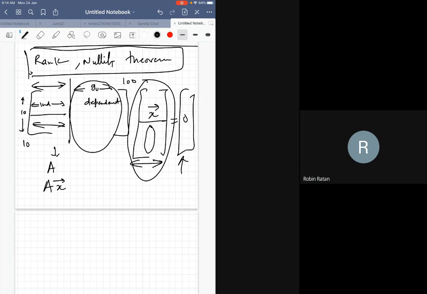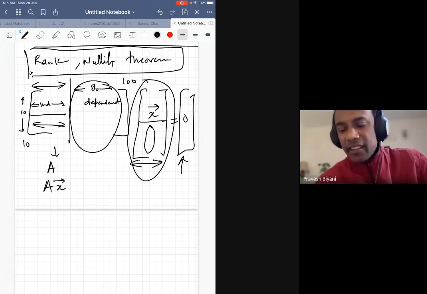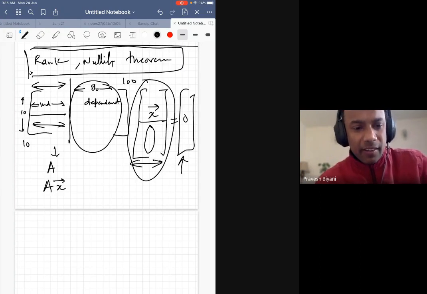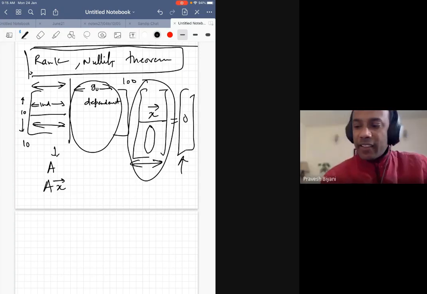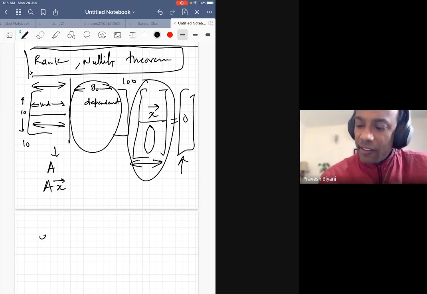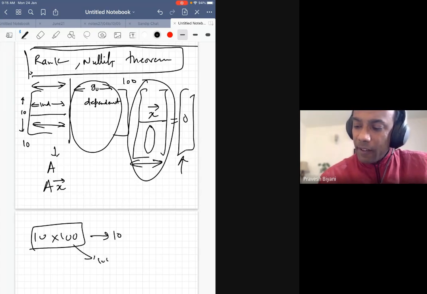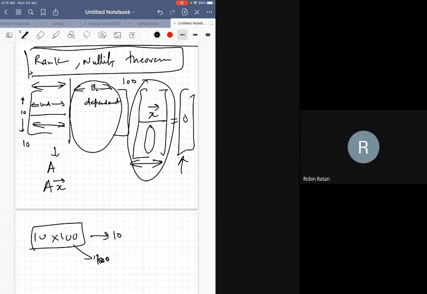Essentially, if the rank is equal to the dimension of the matrix. Yeah, the rank being equal to the dimension of the matrix could also be true for a non-square matrix. Okay. So in this case, for example, this is a 10 cross 100 matrix. So the rank may be 10, but the number of columns is 100, right? Yes.